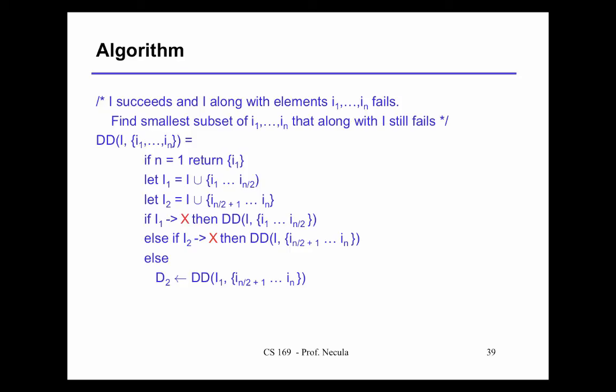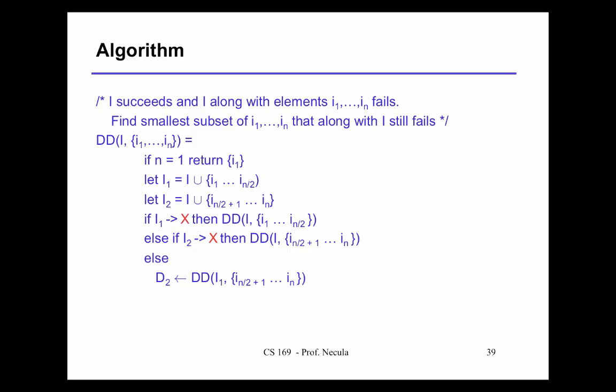Okay, so visually, what is happening is you have I, and you have this is the set of I1 to IN. And you call delta debugging with this first argument and the second argument.